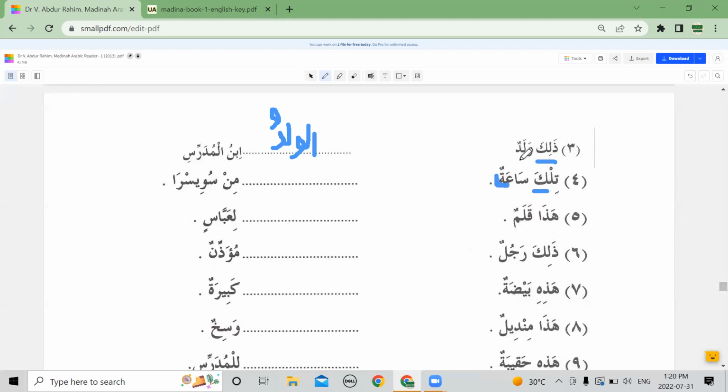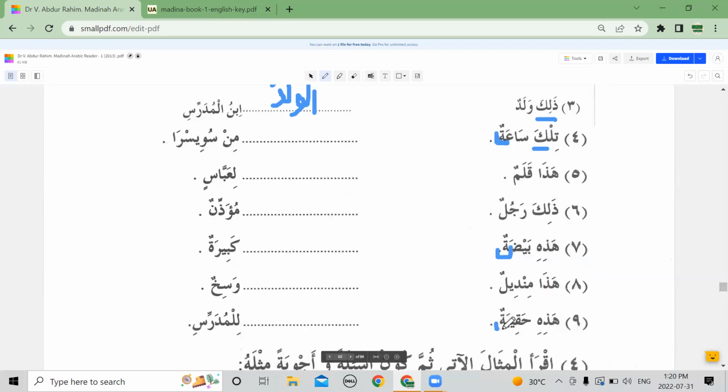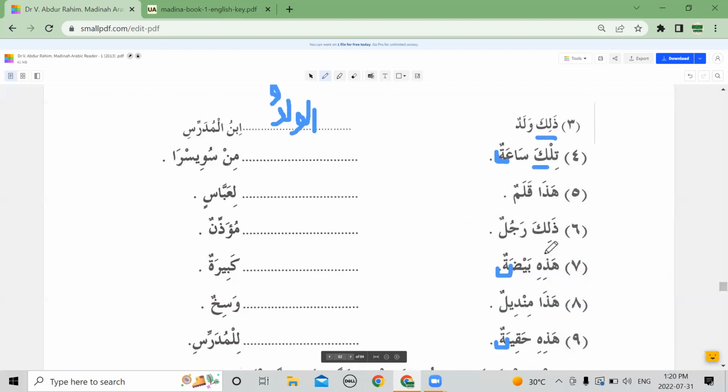Waladun is masculine. So we use dhalika. Both of these mean that. The meaning is the same. But when we write it, we have to write it depending on what the next word is. Similar for hadha and hadihi. See here, hadihi. Baydatun is feminine because of this ta marbuta. See, haqibatun is also feminine. So we have to use a feminine word. Okay.